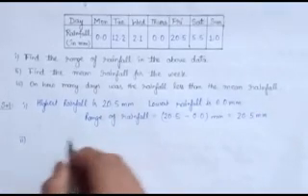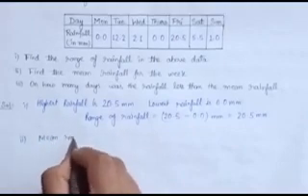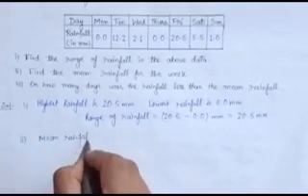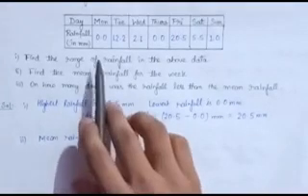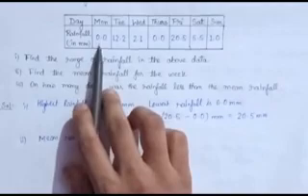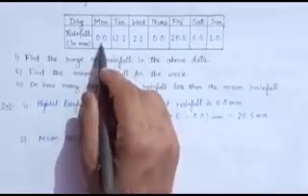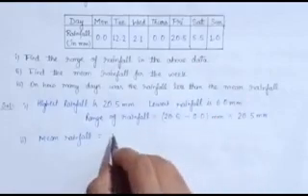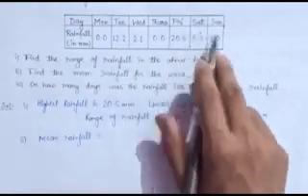So here we can say mean rainfall is equal to the sum of the rainfalls in each day. That is, here we take the sum of all these rainfalls on Monday, Tuesday, Wednesday, Thursday, Friday, Saturday and Sunday.